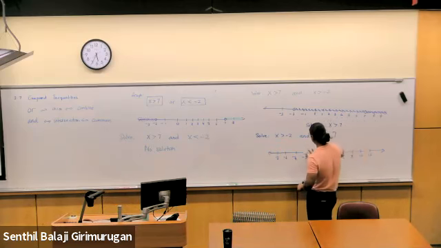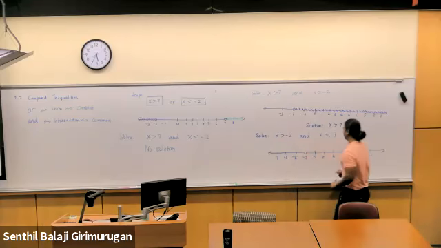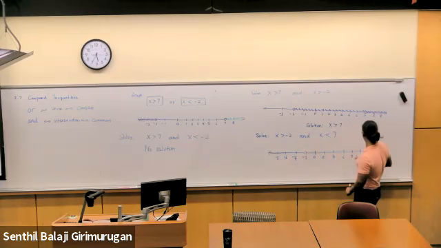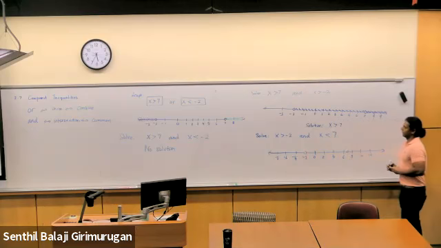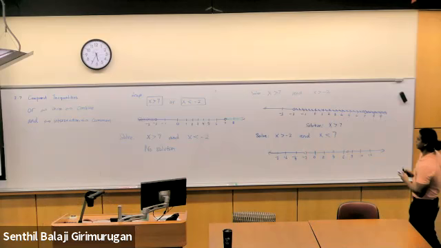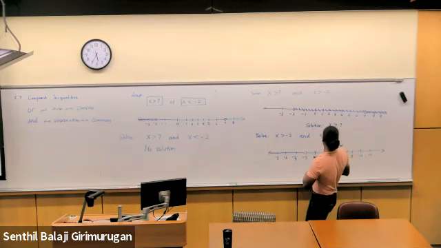Open. Open dot or closed dot at 7? Everything greater than -2 was the solution.